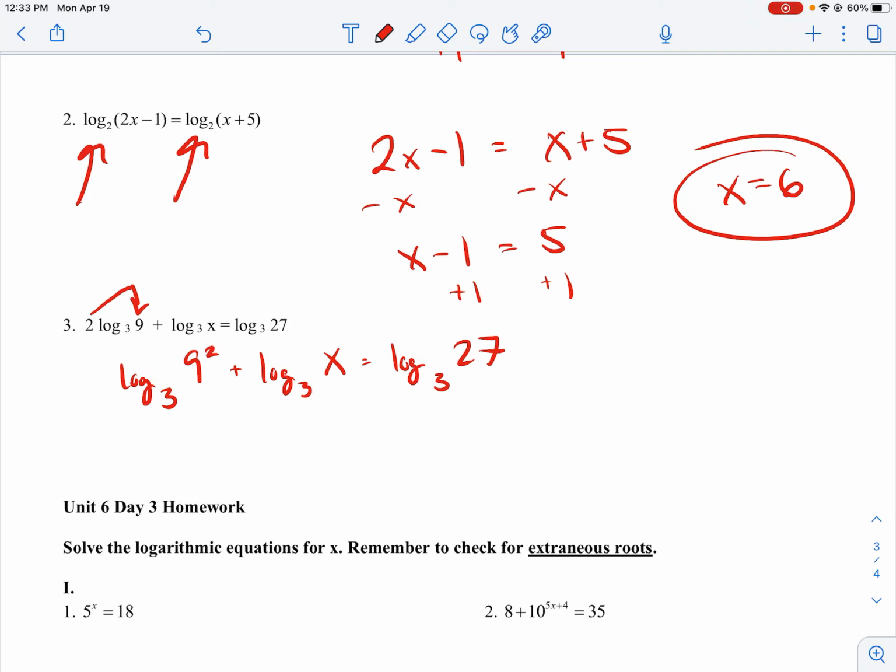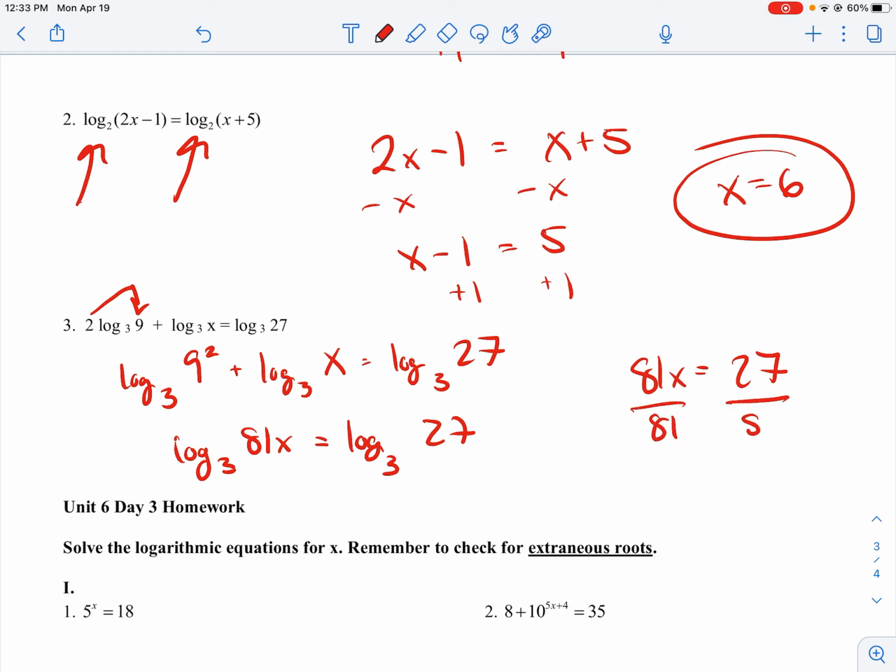Okay, and then combine these again, so log 3 of 81x is equal to the log 3 of 27. Drop the logs, and so 81x is equal to 27. X is equal to 1/3.